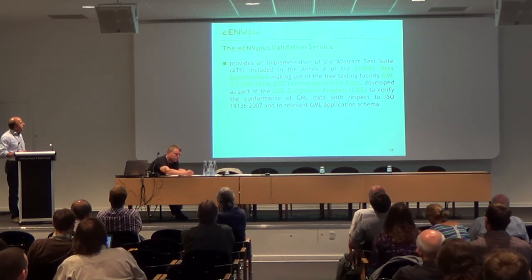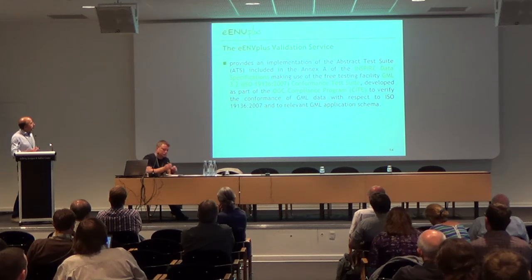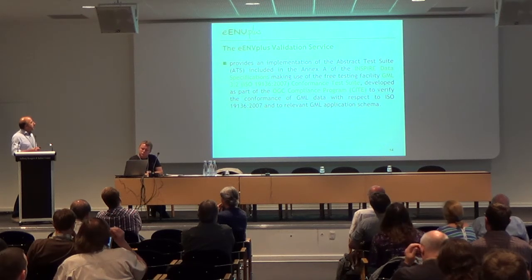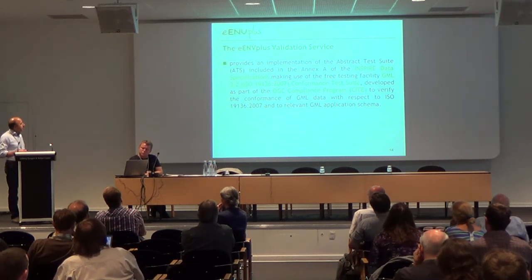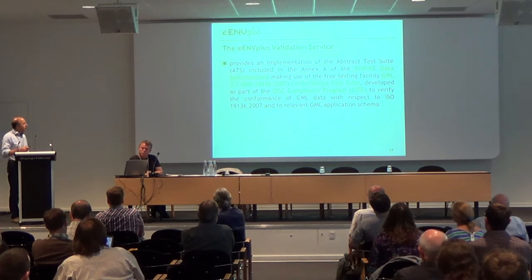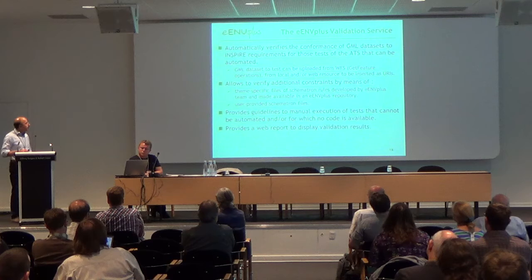This service provides an implementation of the ATS included in Annex I, making use of the free testing facility GML 3.2 Conformance Test Suite, developed as part of the OGC CITE program to verify the conformance of GML data with respect to ISO 19136 and to the relevant GML application schema.